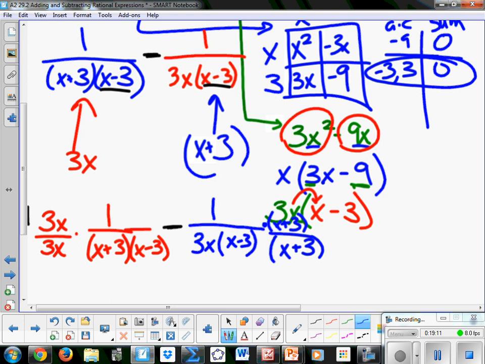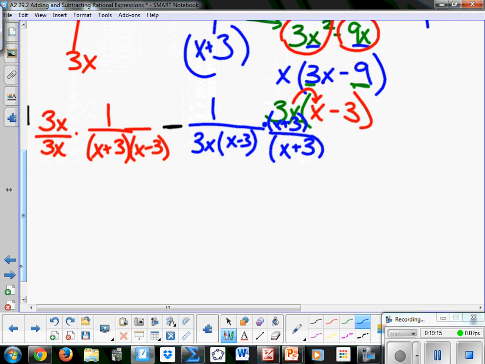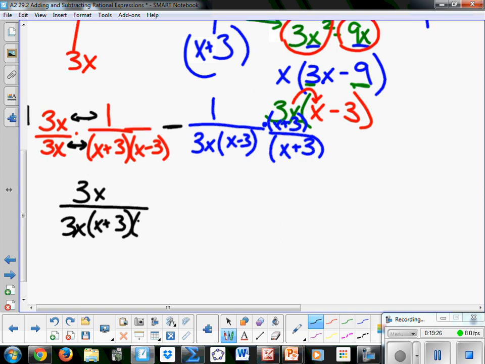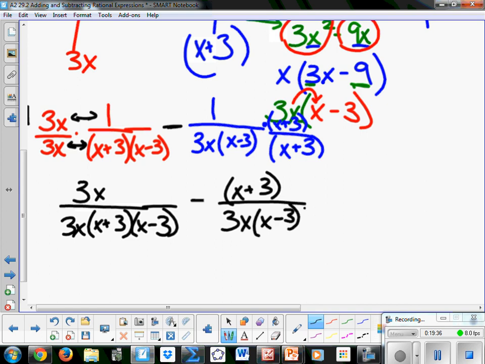Now when we multiply those through, we multiply across, and we end up with 3x times 1 is 3x over 3x times x plus 3 times x minus 3, minus 1 times x plus 3 is x plus 3, all over 3x, x minus 3, x plus 3.